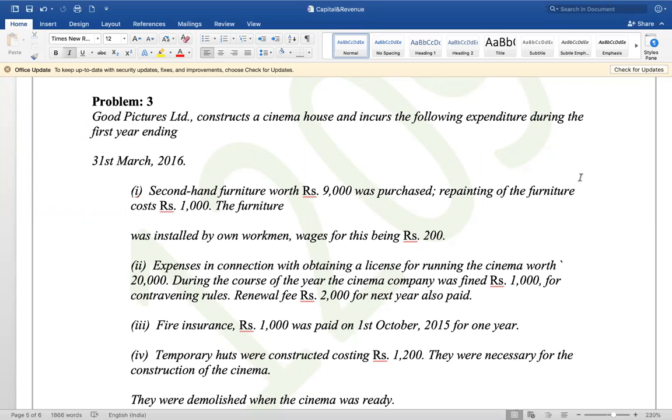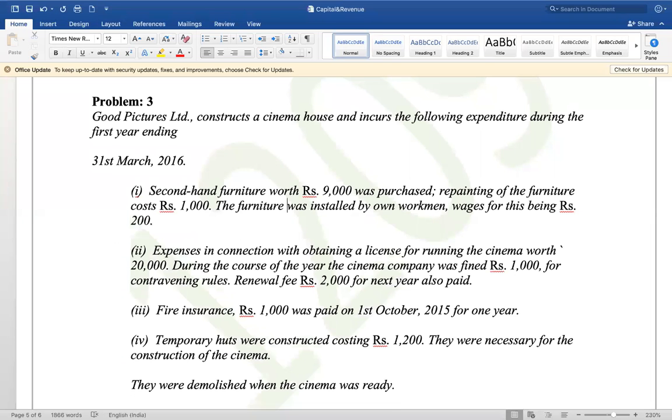Number one, second-hand furniture worth 9,000 was purchased. Repairing of the furniture costs 1,000. The furniture was installed by your own workmen, and wages for this being 200.